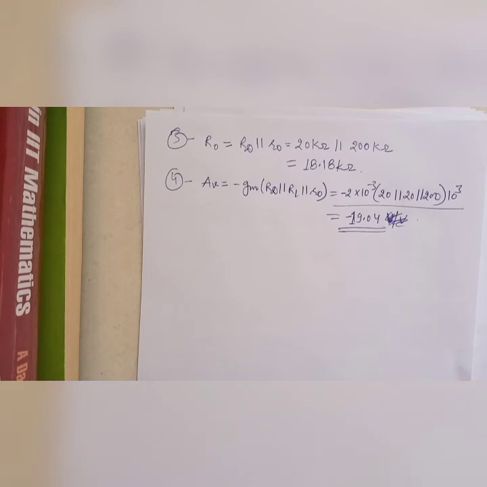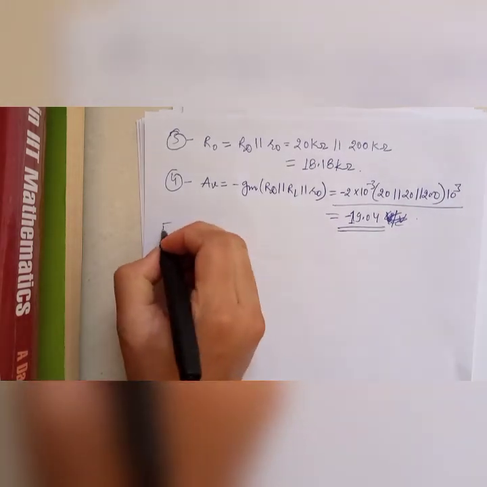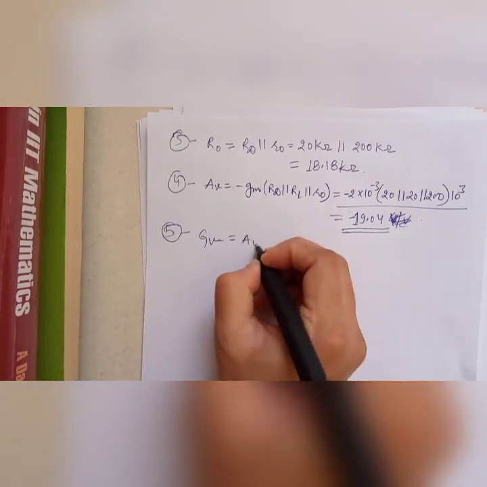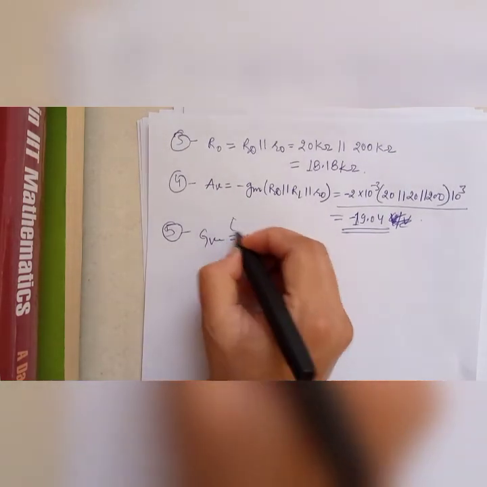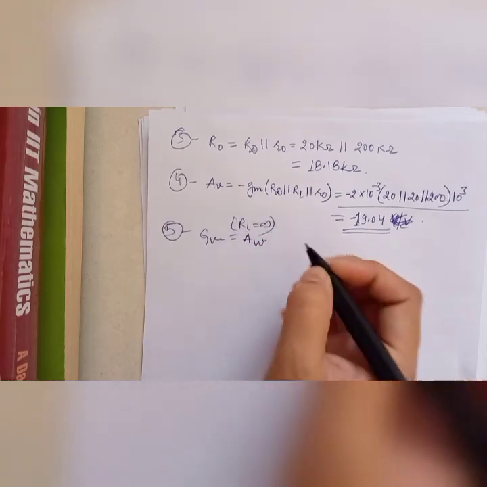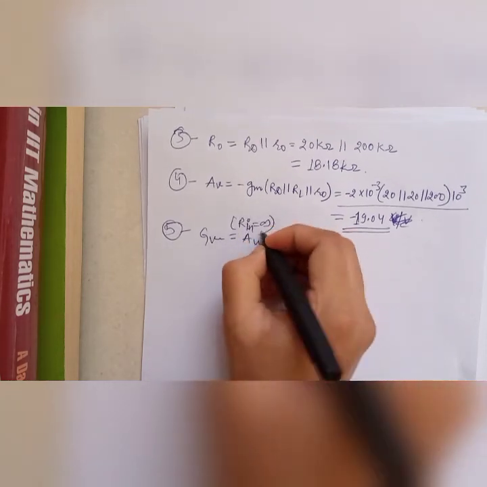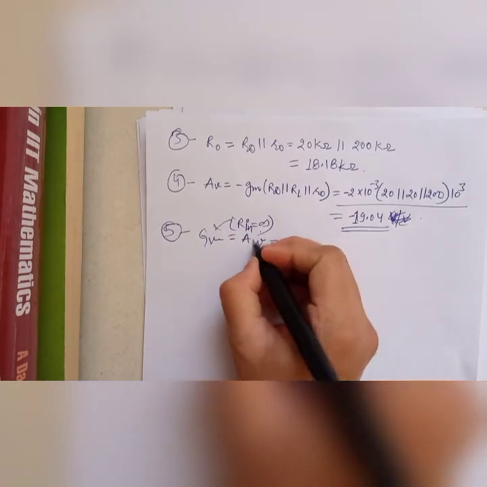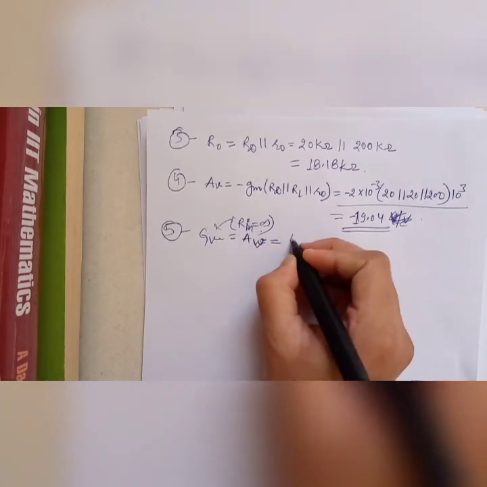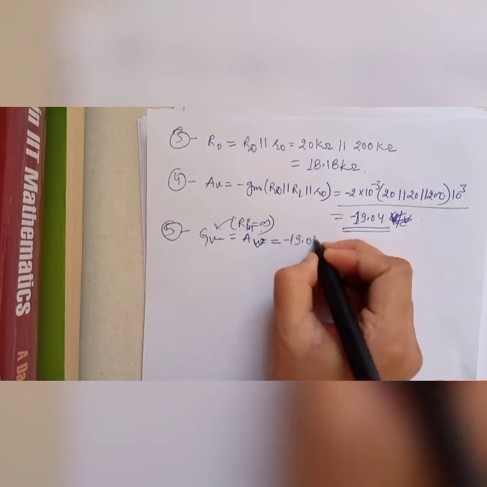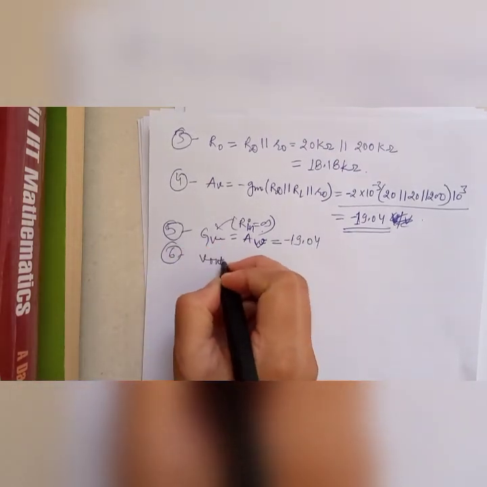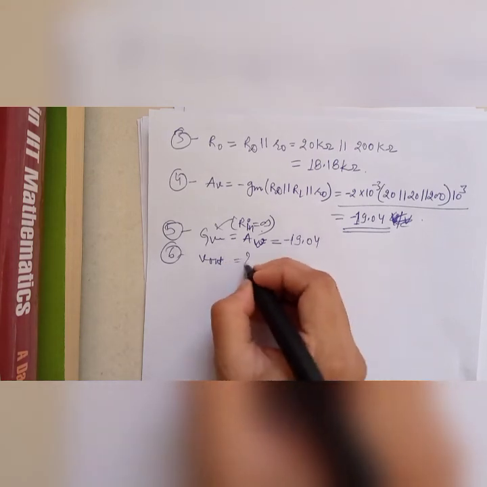Now let's find out the other parameters. The fifth is GV. GV here is equal to AV, as your Rin is infinite. Because of this, your GV is minus 19.04 here. Sixth, you need to find out Vout. How will you find out?